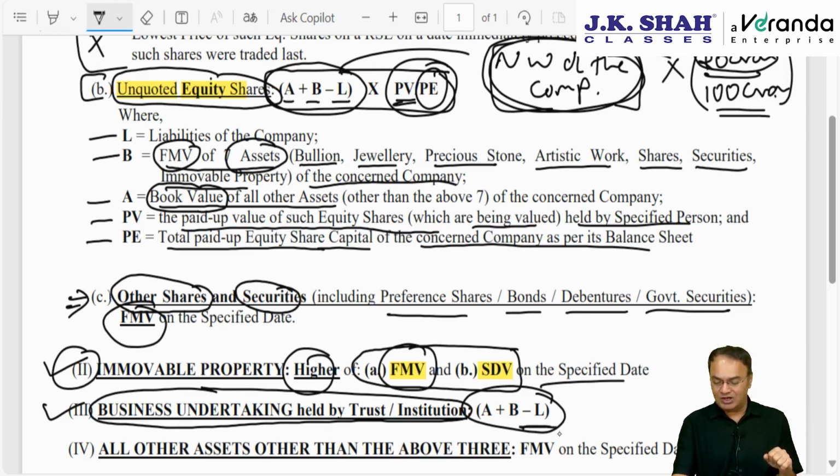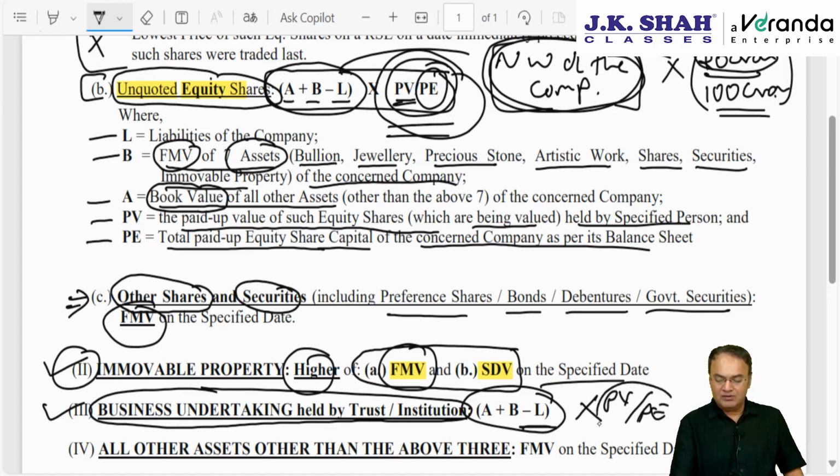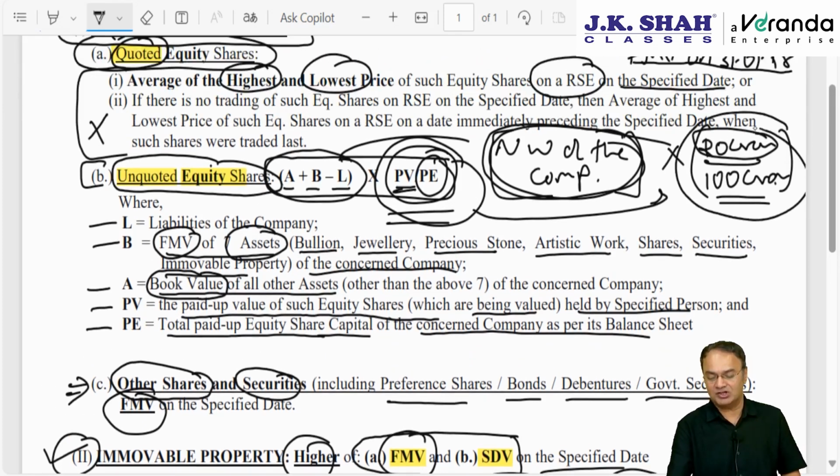And L means liability. Somebody during the regular lecture had asked me, sir, here why don't we multiply by PV divided by PE? Because PV divided by PE we did earlier because the trust was not holding 100% shares of X Limited. The trust was holding 20% shares. So to find out the holding of the trust in that company, we had to do PV divided by PE.